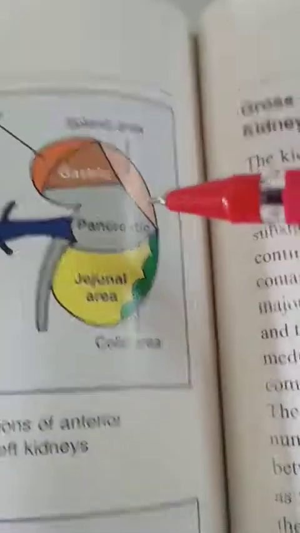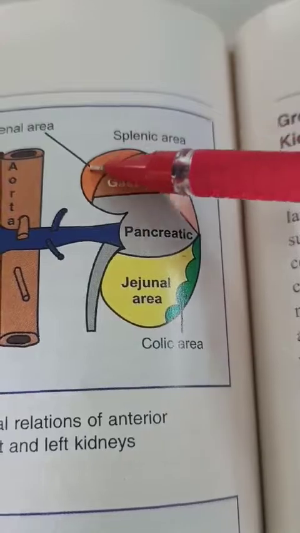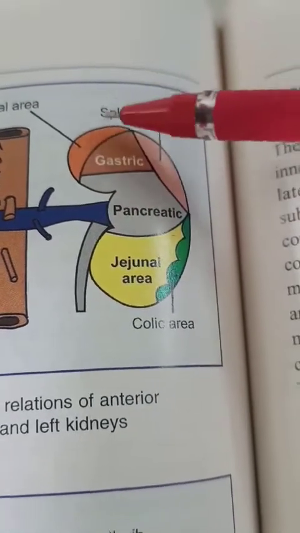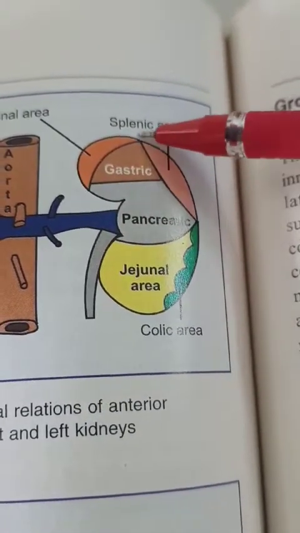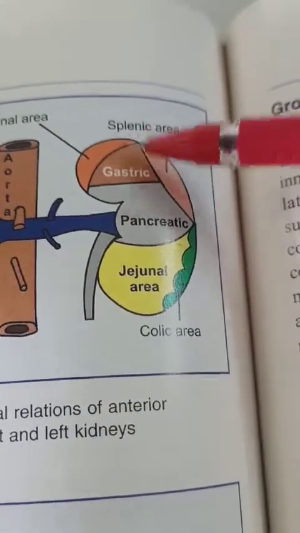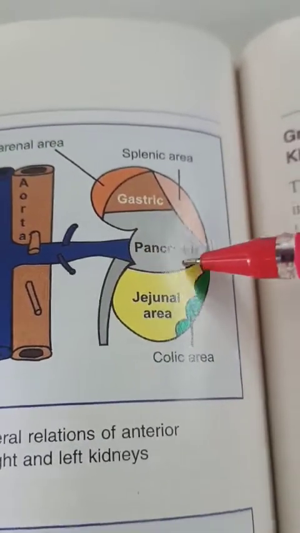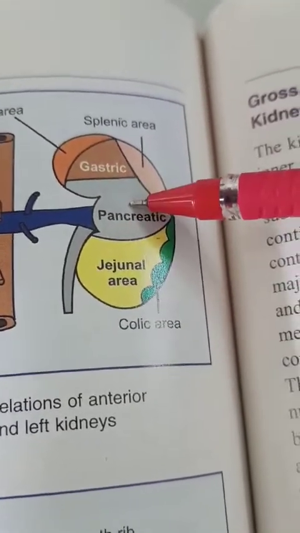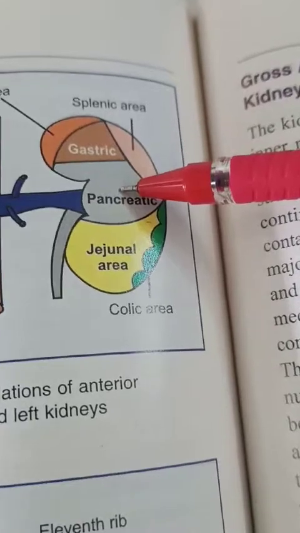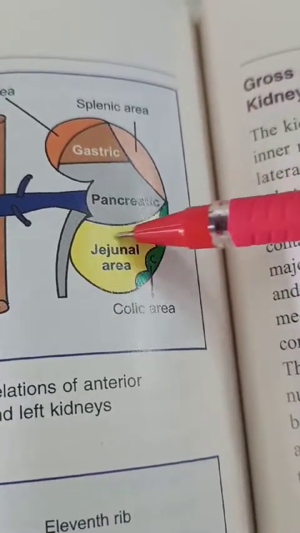Coming to the left kidney, the upper pole is also related to the suprarenal gland. Below that, this small region is related to the gastric area, meaning stomach. Below the stomach comes the pancreatic area, where the pancreas is related. Then below the pancreatic area comes the jejunal area, the small intestine.